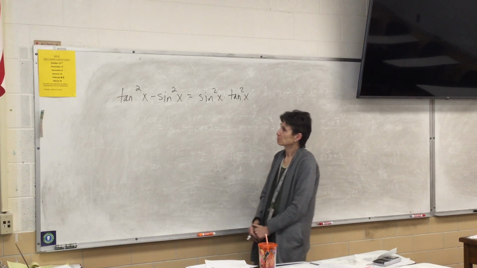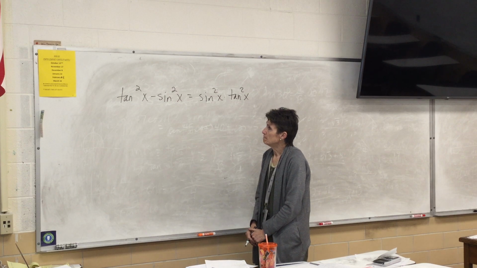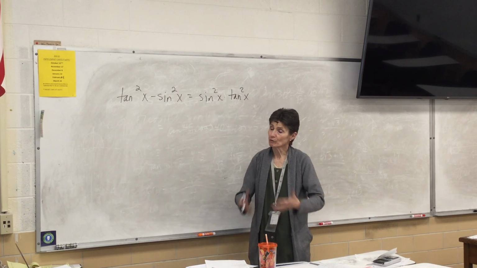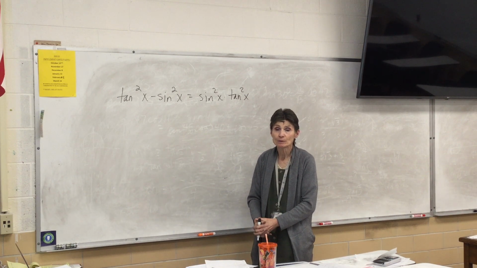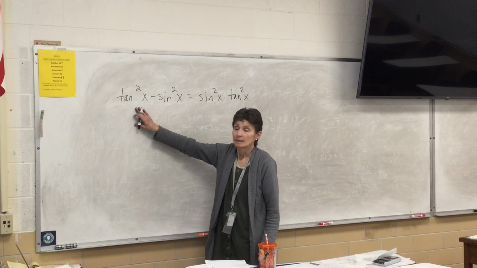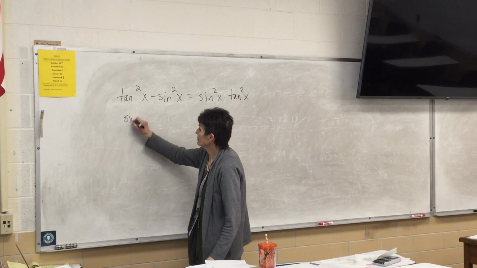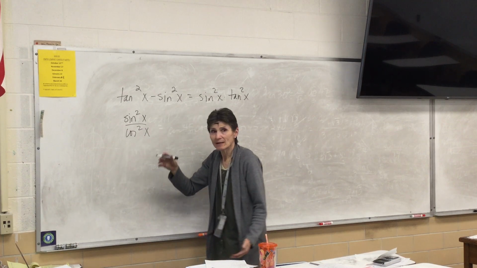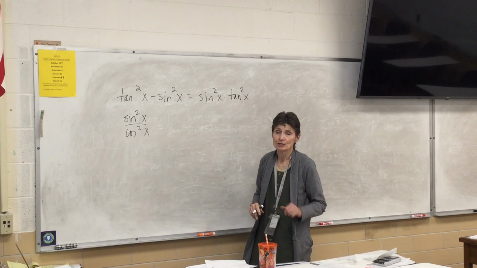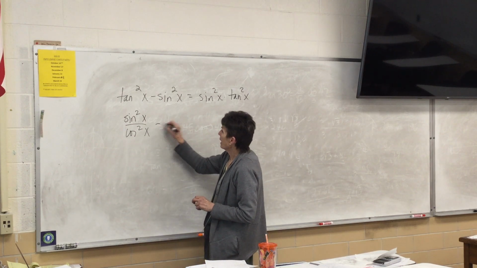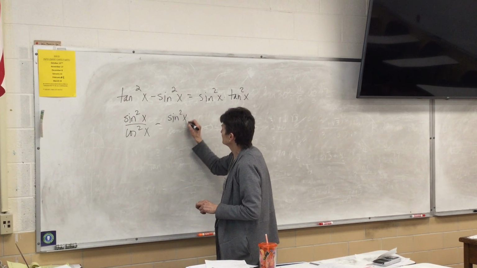What I would do, and again, it's your choice, you're the one doing the problem, is change this into sine squared over cosine squared. You should know that by now, but again, you will have your colored sheet, so you're not totally on your own. Minus sine squared over 1.